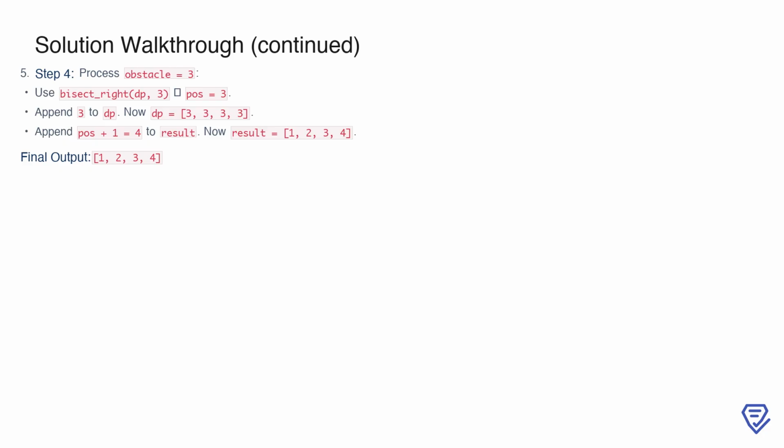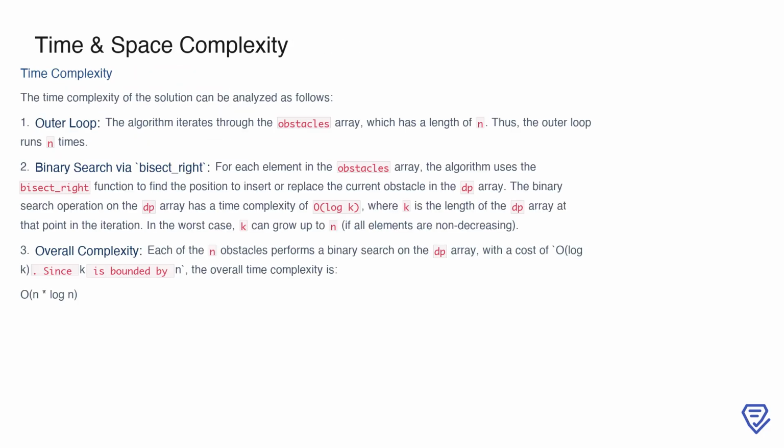To analyze the time complexity of this solution, we start by examining the outer loop. The algorithm iterates through the entire obstacles array, which means it runs n times, where n is the length of the array. For each obstacle, the algorithm performs a binary search using the bisect_right function. This function locates the position where the current obstacle should be inserted or replaced in the dp array.